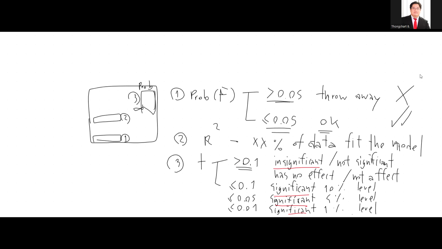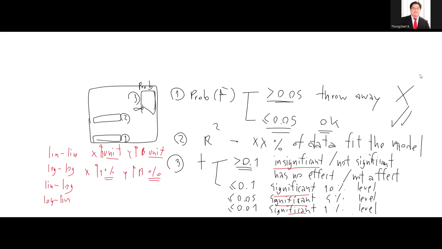Moreover, not only the probability. When you interpret individually, you have to interpret linear-linear, log-log, linear-log, and log-linear. In linear-linear, x increases by 1 unit, y increases by beta units. In log-log, x increases 1%, y increases beta percent.